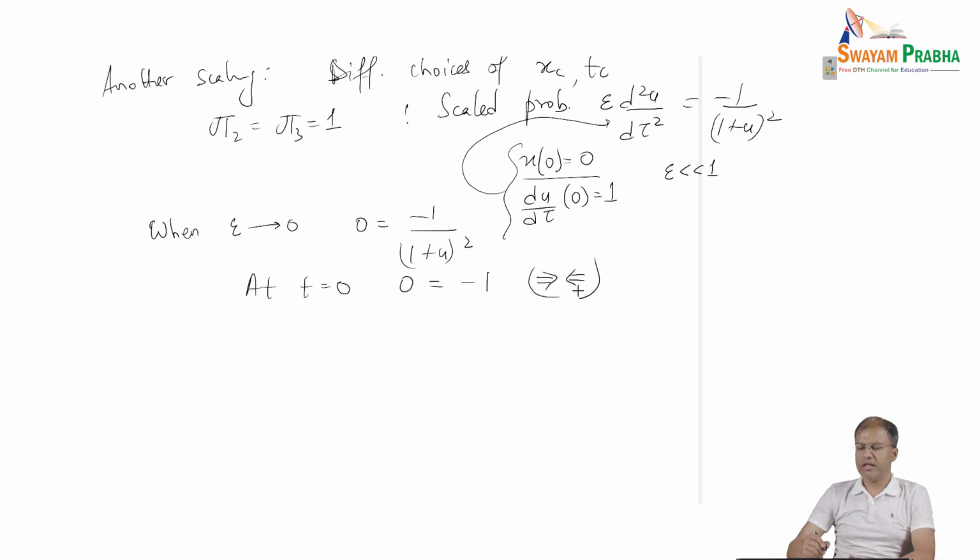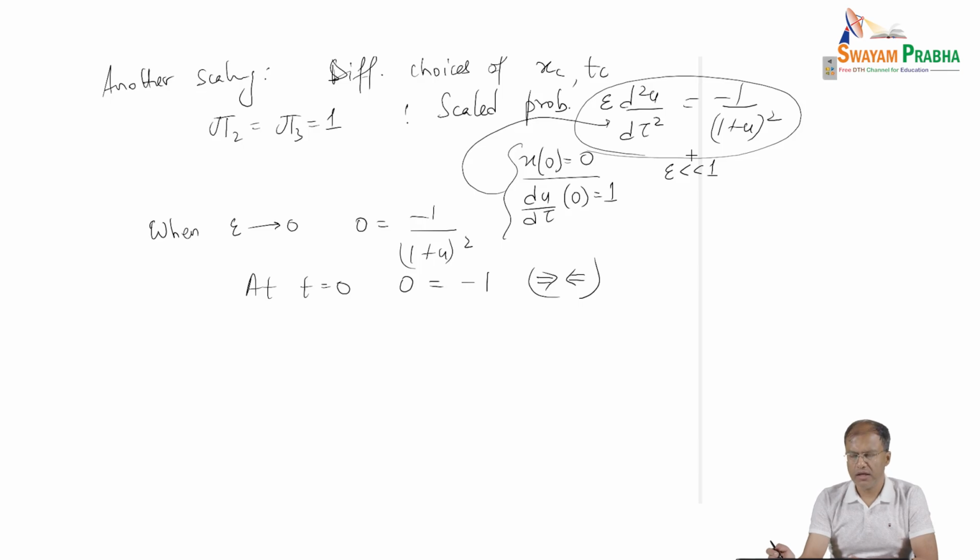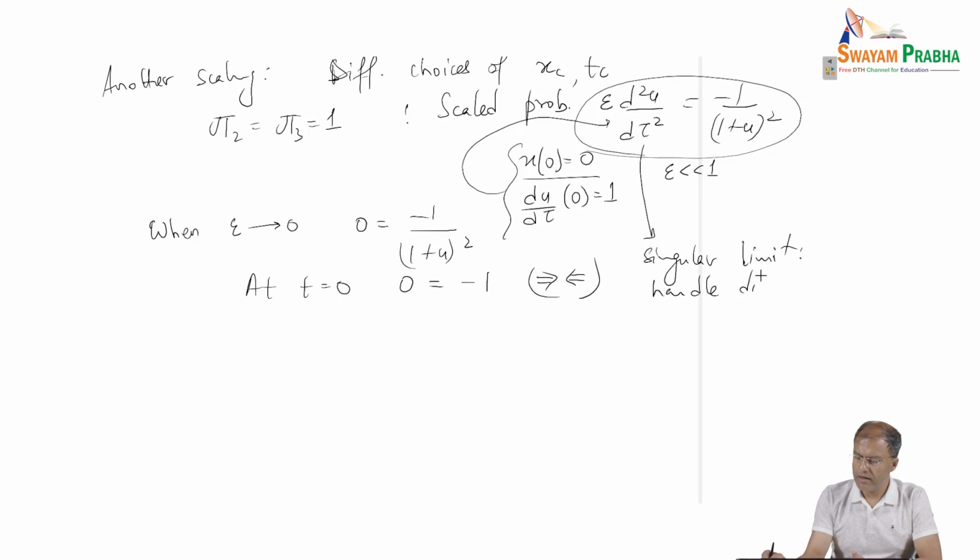So what we see is that this sort of a differential equation needs another form of treatment, the so-called singular perturbation treatment, which we will see over the subsequent modules as to how to solve such problems, right? So this is the singular limit, and we need to handle it differently, as we shall see a few modules down the line.